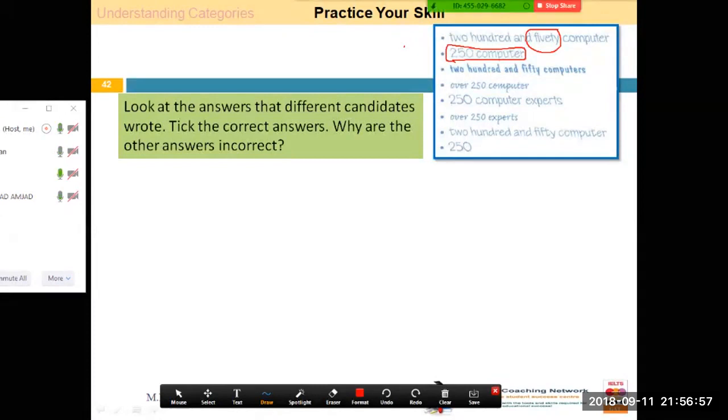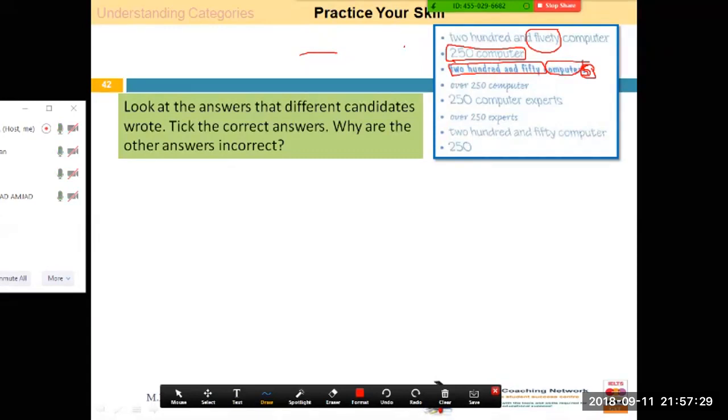There was a limit of one word and a number, so this S is wrong. This 250 will be counted as one number, and computer will be counted as one word. But this S is wrong, because that S is with the experts. It is 250 computer experts, not computers experts.